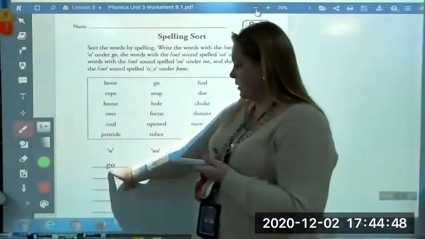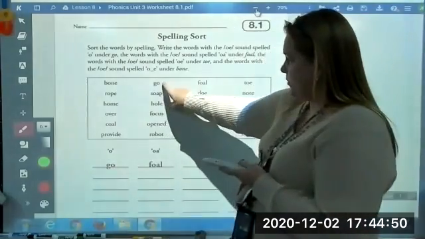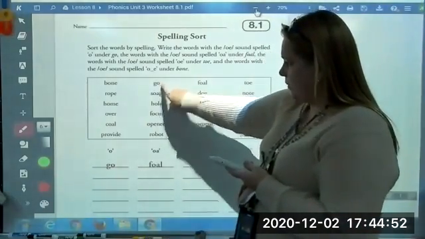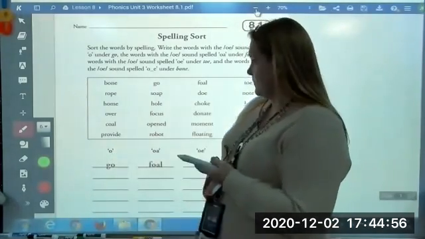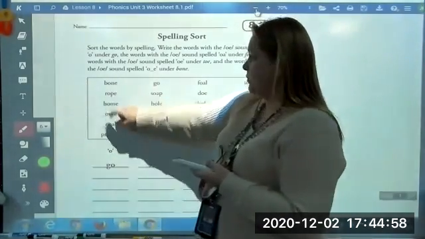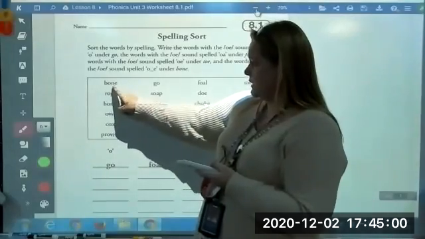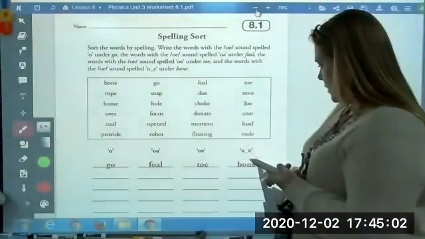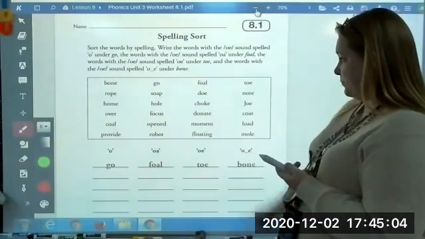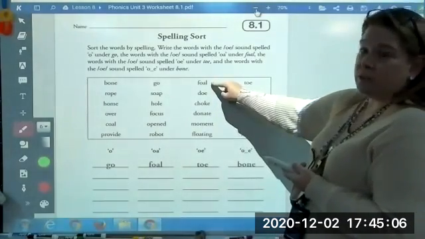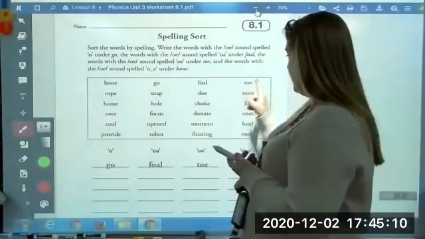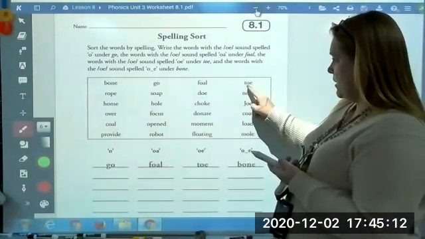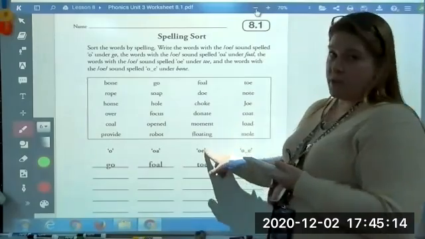They have the word go. Go is just the O. So they put it under the O's. The word bone, there's O consonant E. So it's here under O consonant E. The word full is OA. So they put it under OA. And the last one over here is toe, OE. They put it under the OE.